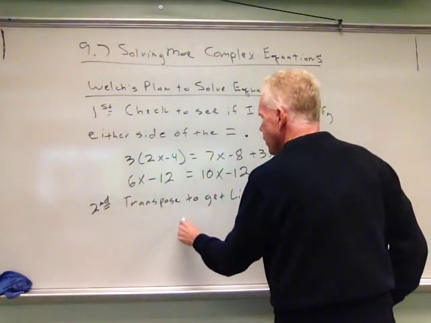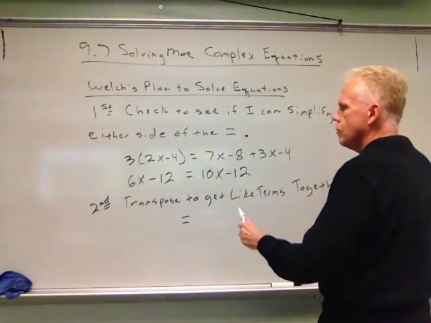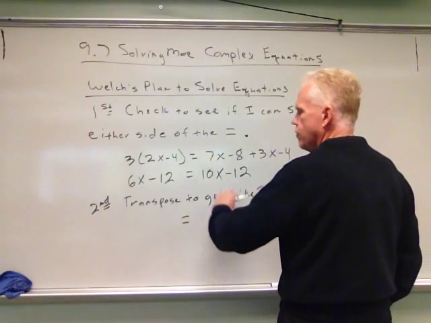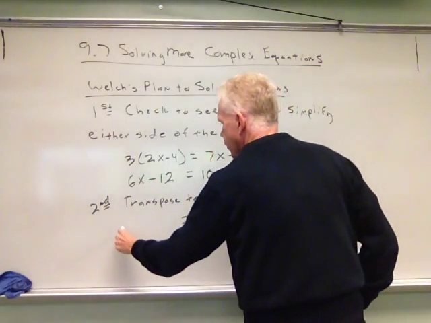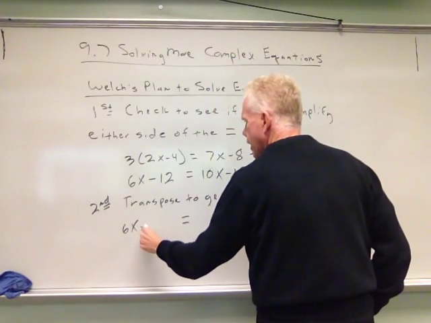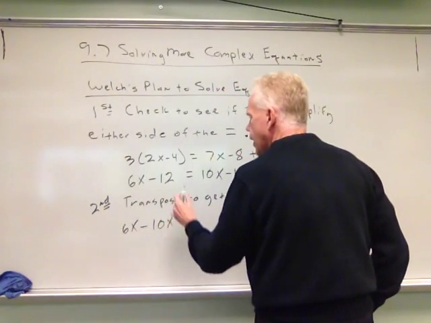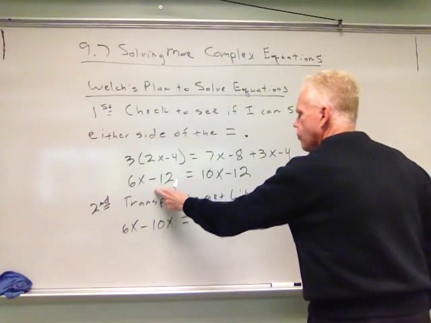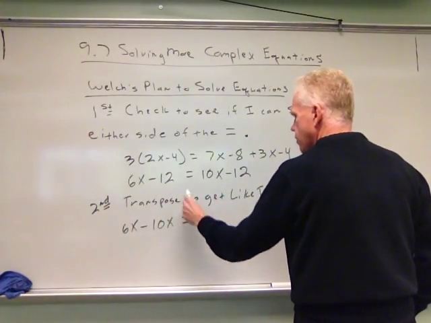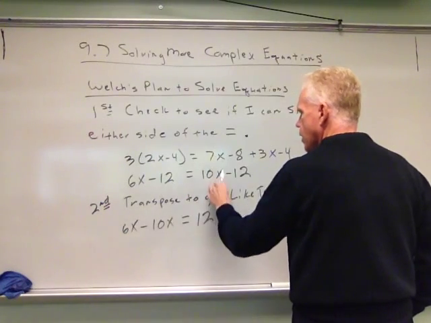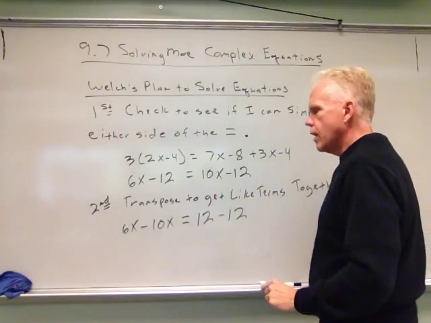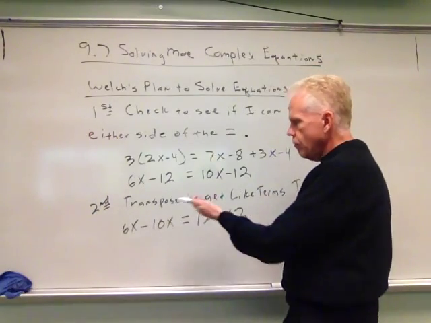So what I'm going to do is I'll take the 10x over to the left, and so I'll go with a 6x over here on the left and a negative 10x. And I'll take the negative 12, this negative 12 over here to the right, and so what I'll get is a positive 12 when I move it over, and this right here stays a negative 12. Okay? And so we've transposed.